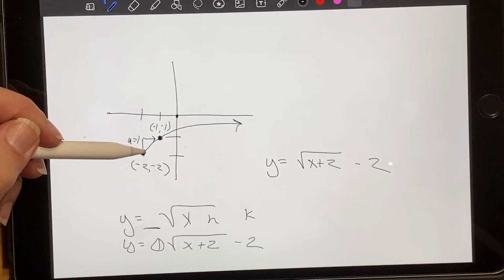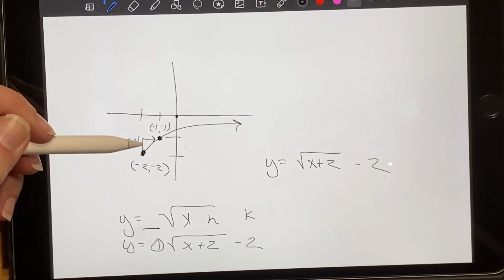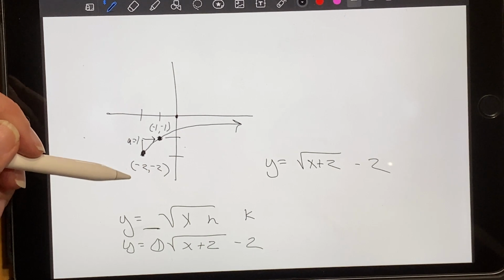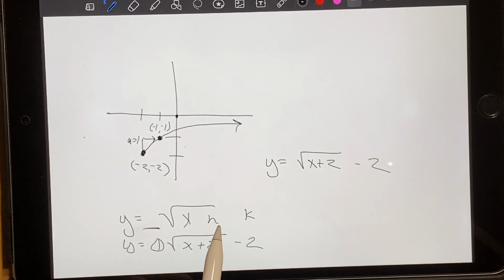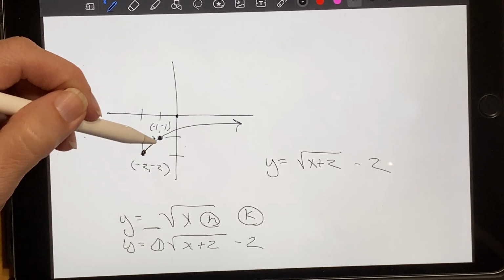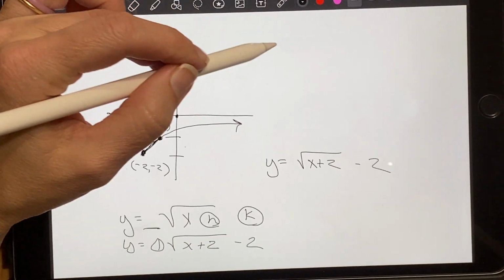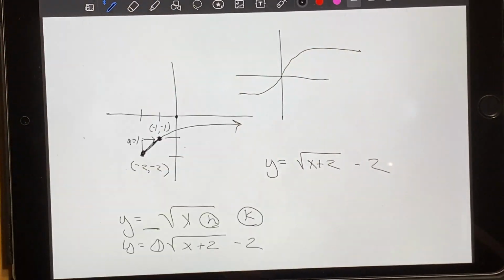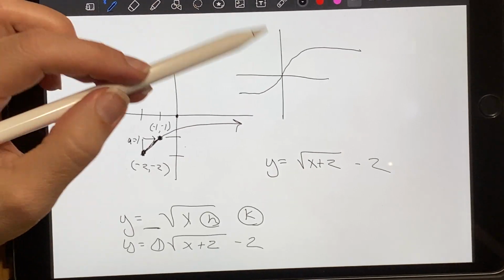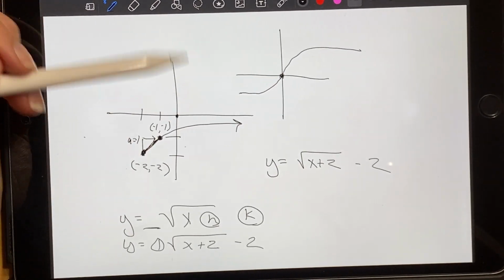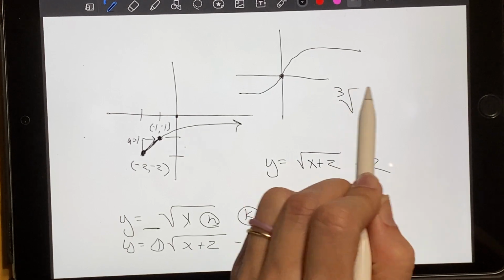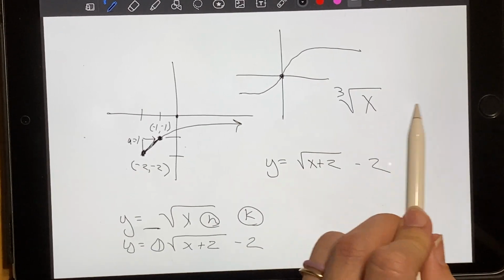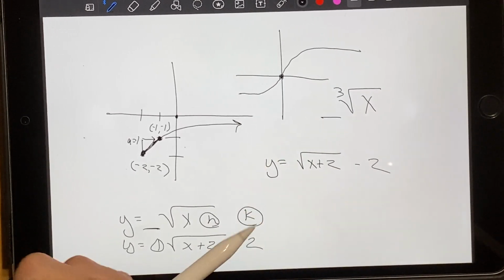So look at where your vertex is, plot your vertex or your turning point, and that will give you your h and k values for your equation. And then figure out your slope between the next two. If I had a cubic equation and I saw that my vertex was at the origin, I would know it's simply the cube root of x. I've added nothing. And all I need to find out is my a value.